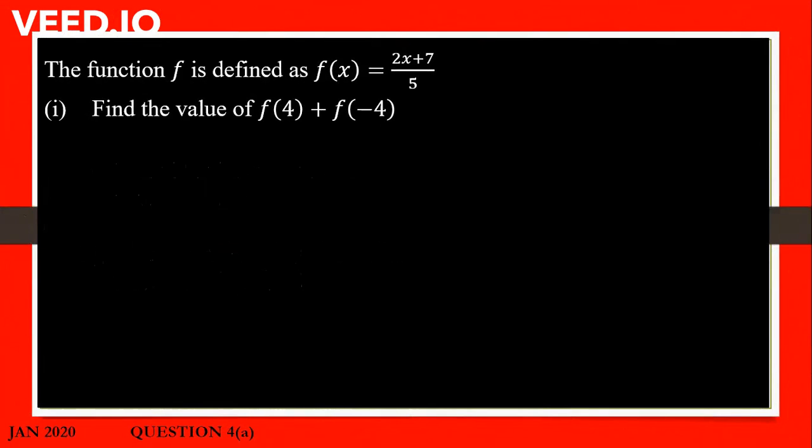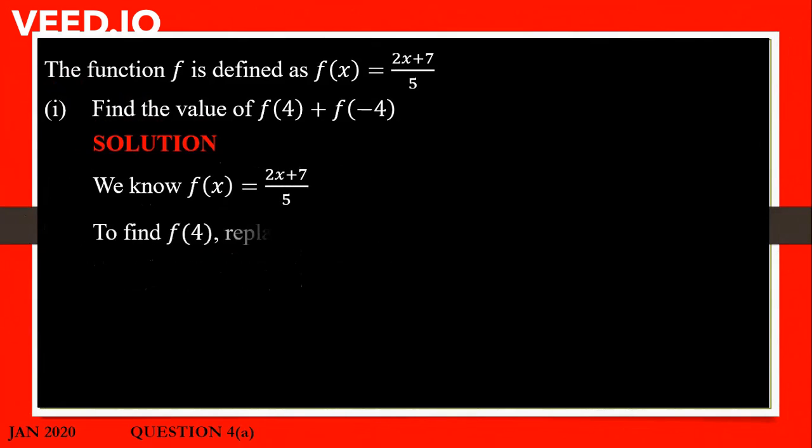Part 1 says, find the value of f of 4 plus f of negative 4. We know f of x is 2x plus 7 all divided by 5.